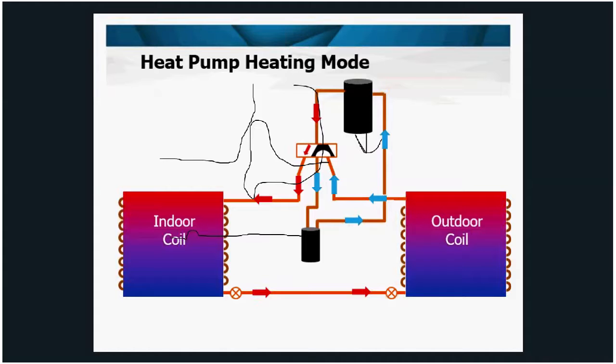In defrost, the reversing valve here goes back to the cooling position. So we're moving hot gas. Let me change colors of the pen here. We're moving hot gas into the outdoor coil. The outdoor fan is off, and that's causing that coil to heat up and melt that frost that's accumulated.